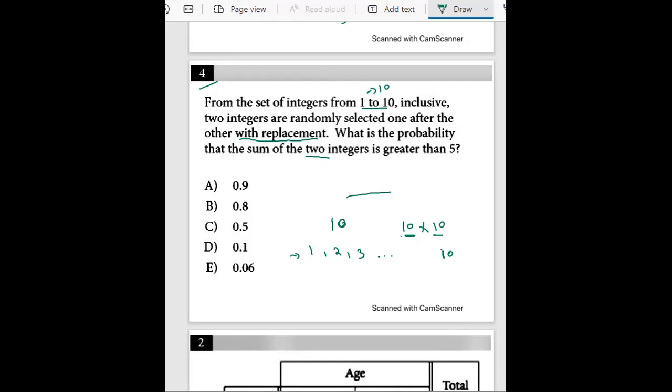This means the two integers could be 2 and 2, 3 and 3, 2 and 3, 1 and 2, 3 and 10, right? The question is, what is the probability that the sum of the two integers is greater than 5? Did you understand why the total number of outcomes is 100 in this case? So 100 would come in the denominator.